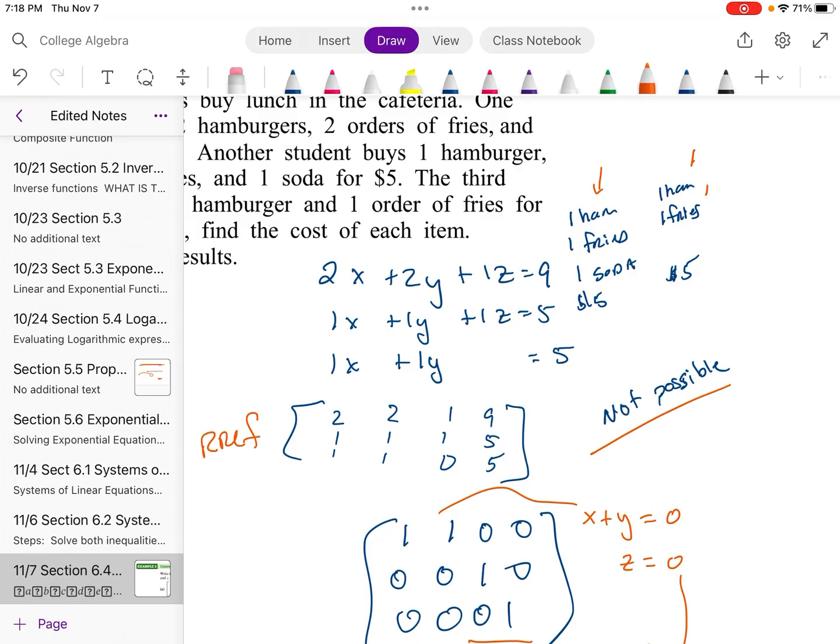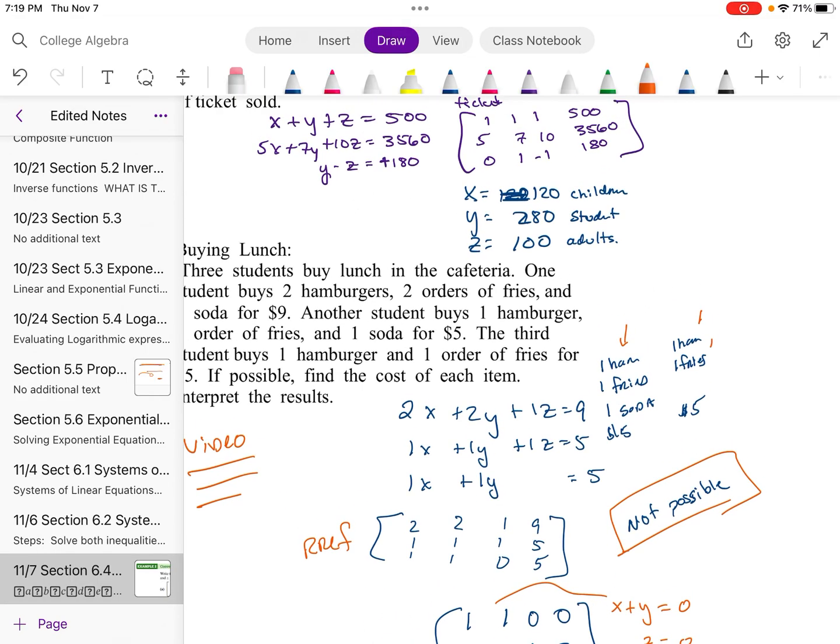So you get two people ordering the same things, and one orders one more item, and they're paying the same amount of money, which just doesn't make sense. Why would I get a hamburger and a fry and pay $5 when I could have gotten a hamburger, a fry, and a soda and paid the exact same amount? So in a way, with common sense, that's why it's no solution. It doesn't balance.